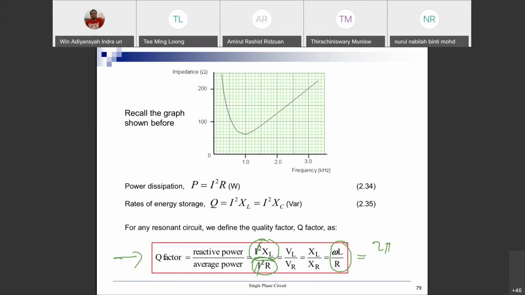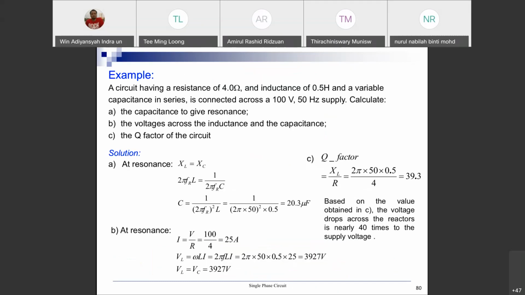If you want to, this one. Okay. Quality factor for resonance frequency. And then I can just try this one.